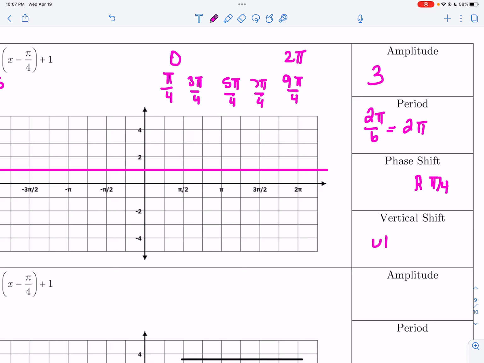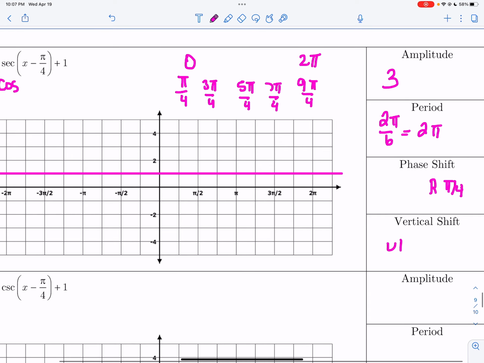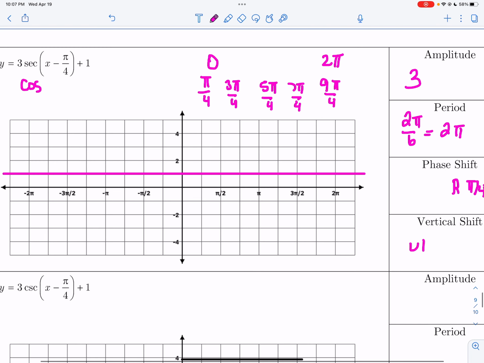All right. I am going to start graphing at pi over 4. And I'm going to start high. Since my amplitude is 3, I'm going to start at pi over 4 at my midline and then go up 3. Then I'm going to go to 3 pi over 4.